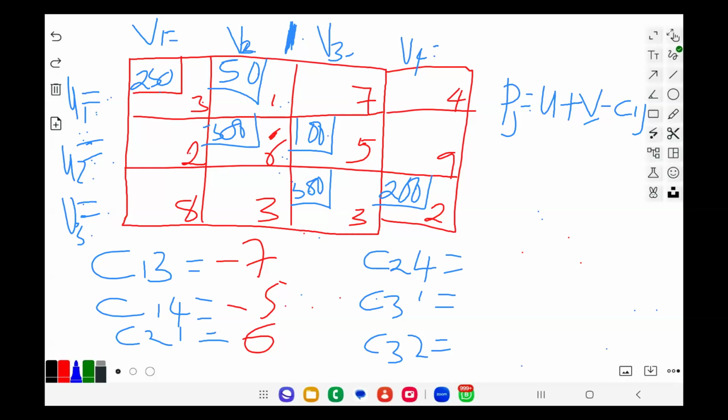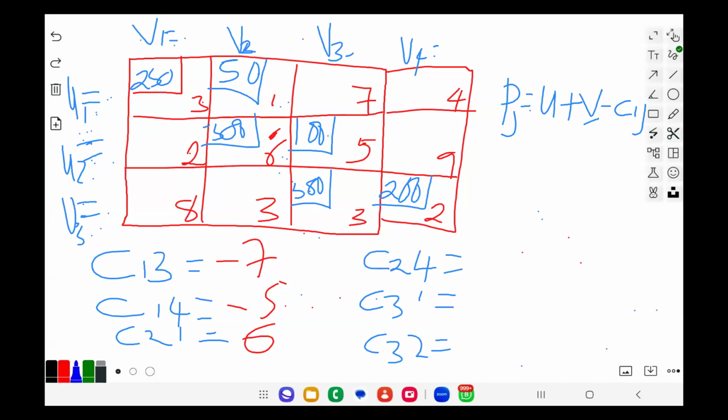The rows are these which are horizontal. Then the columns will be given the V's, like V1, column 1, V2, column 2, V3, column 3, up to the last column. Okay, that's the first step that you do.